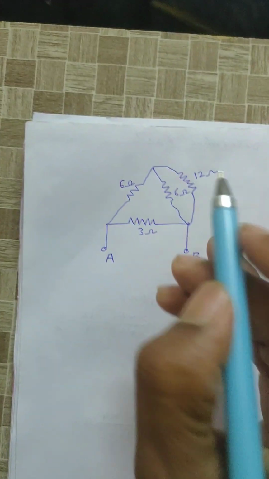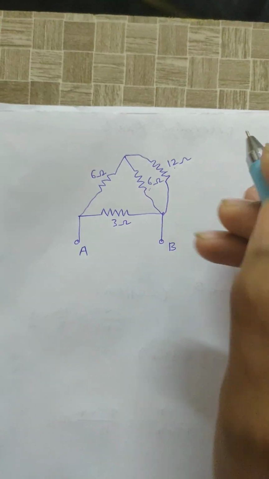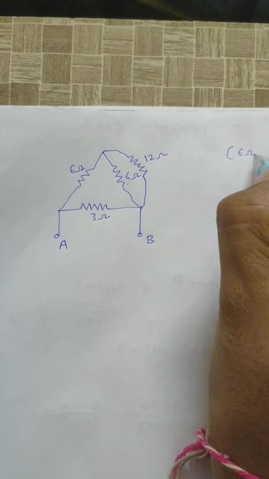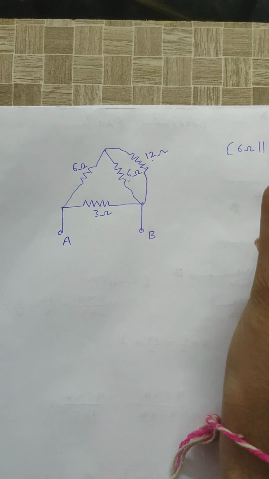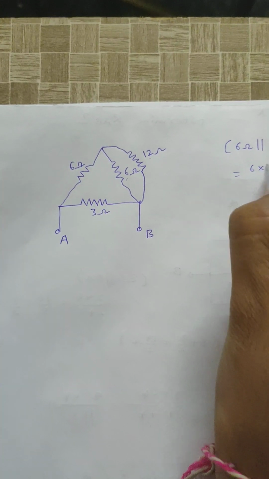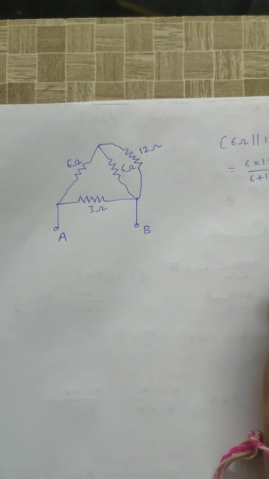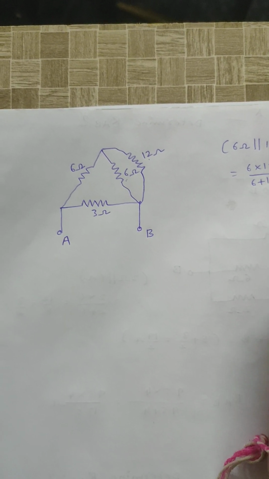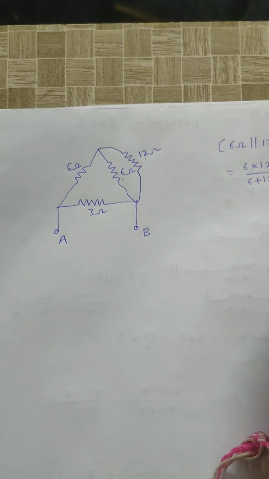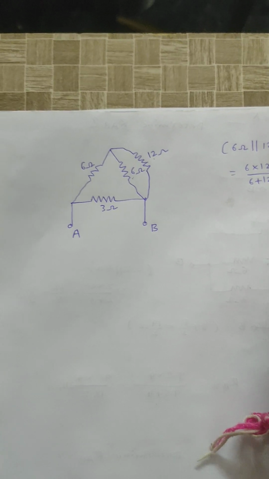Now see here, 6 ohm and 12 ohm are connected in parallel. That is 6 into 12 by 6 plus 12, that is 6 into 12 by 18. 6 3s are 18, 3 4s are 12, right? 4 ohms.